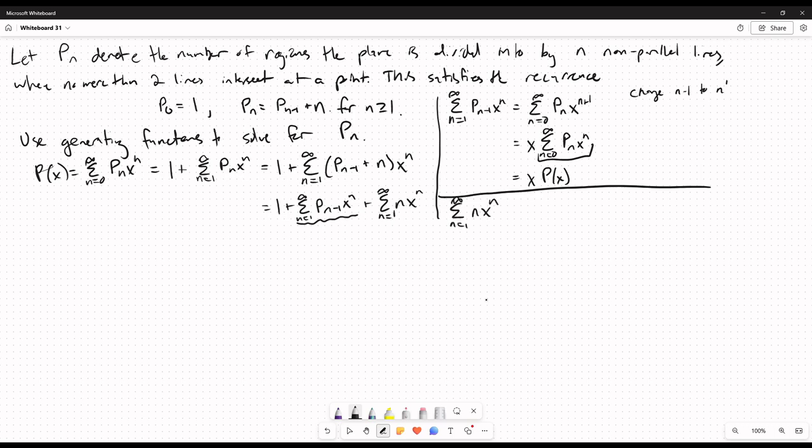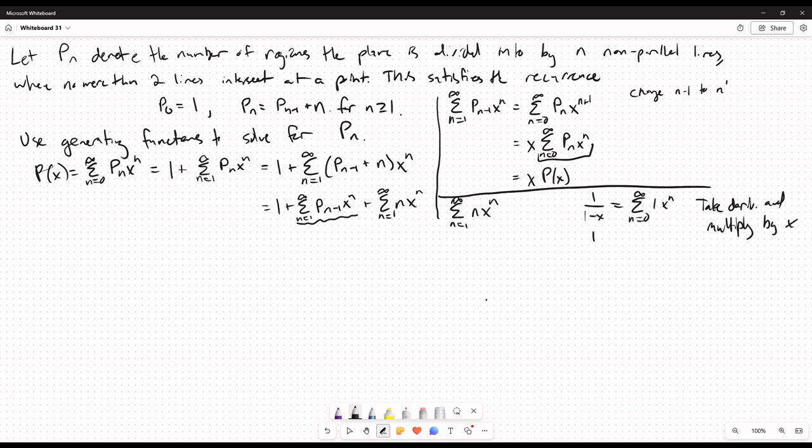To do that, I'm going to recall that 1 over 1 minus x is equal to the sum from n equals 0 to infinity of 1 times x to the n. And one thing I know is that if I want to multiply by n, I take the derivative and then multiply by x. So let's go ahead and do that.